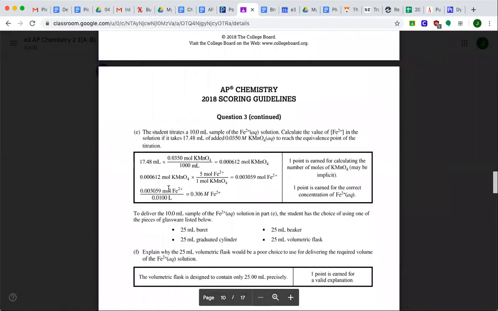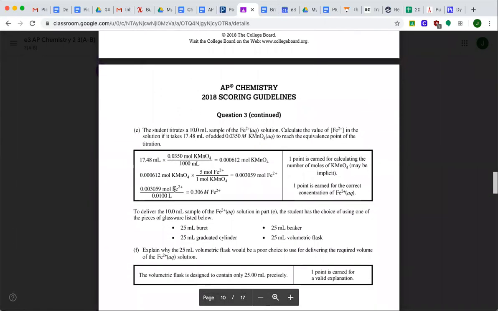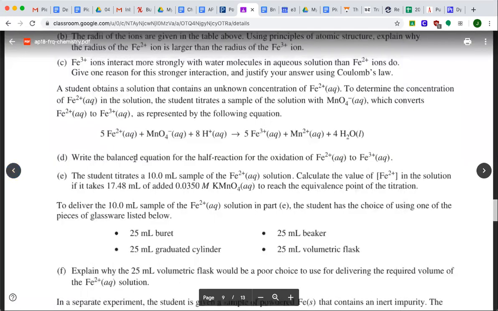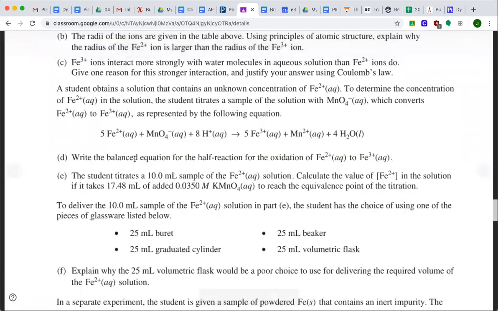And then, oh, did I not take into consideration some doggone... Okay, I didn't take the stoichiometry into consideration. That's on me. You have to look that there are 5 of these things. So you take that value that I came up with and multiply by 5. There are 5 moles of iron 2+ per 1 mole of permanganate. I should have looked at that. So there are actually 5 moles of that guy.